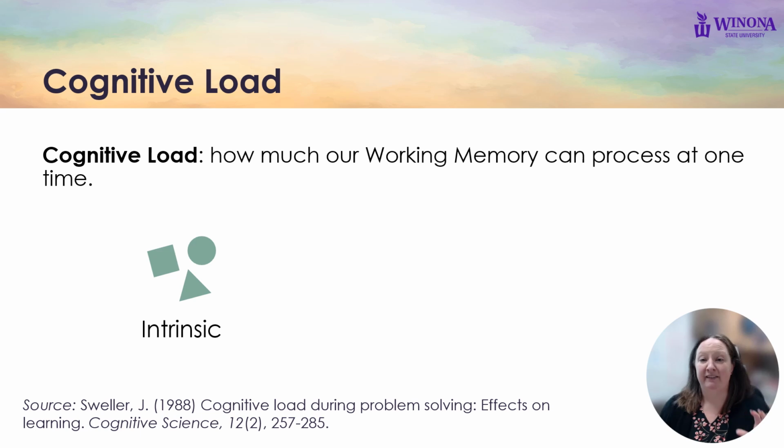This intrinsic load is different for each person, different in different situations. And we'll talk about ways to reduce each of these. The second is what we call extraneous cognitive load. This is the way information is presented and how easy or difficult it is for a learner to process it.